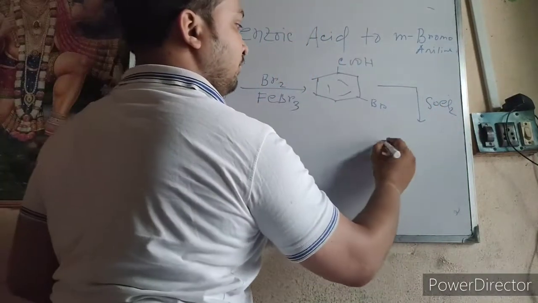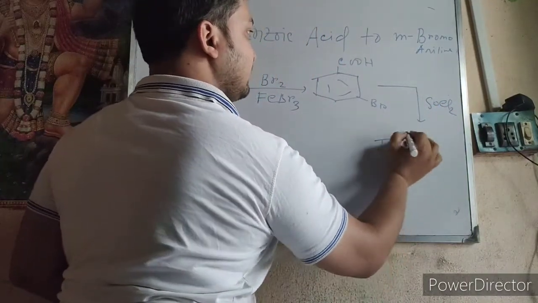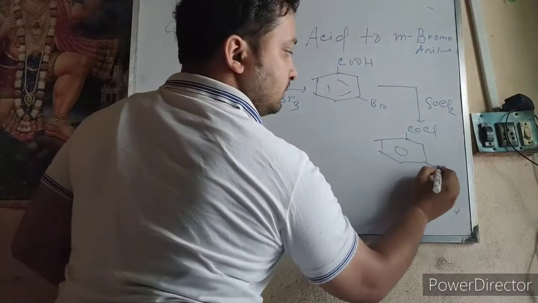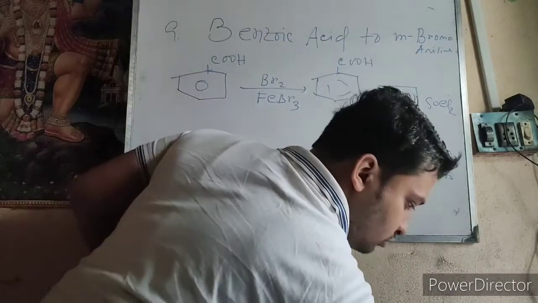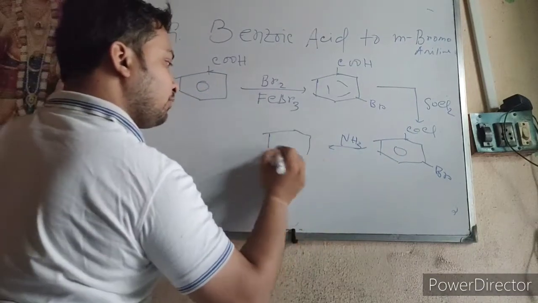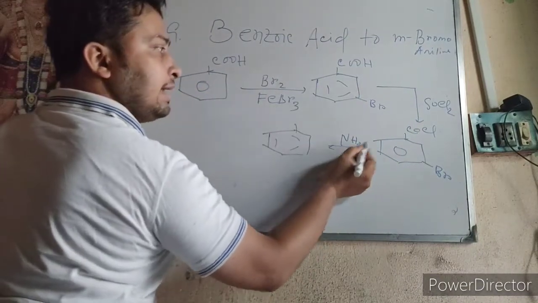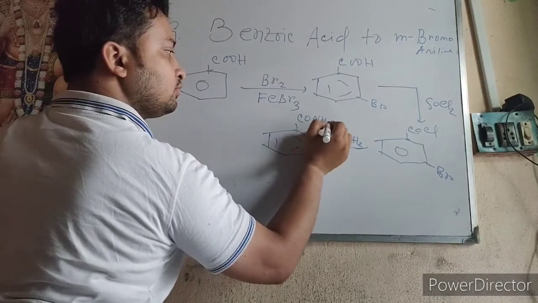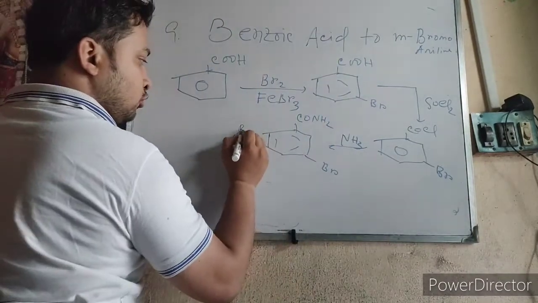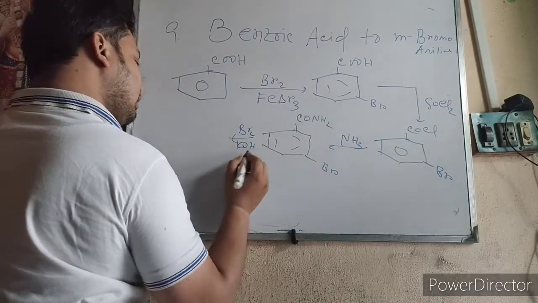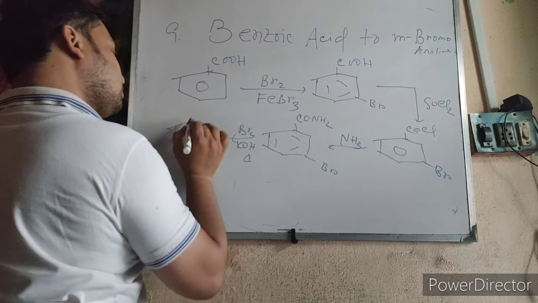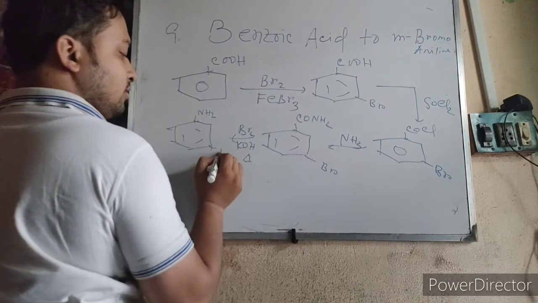Then you use NH3, which gives HCl, so you get CONH2 and Br. Then you use Br2 and KOH and heat, so the CO is removed from here, giving aniline with bromine.